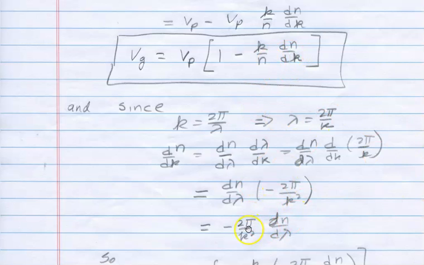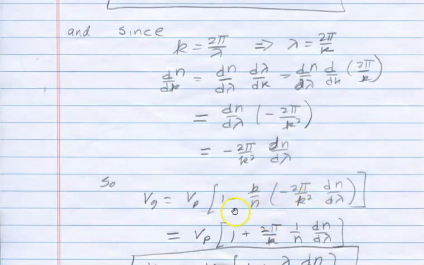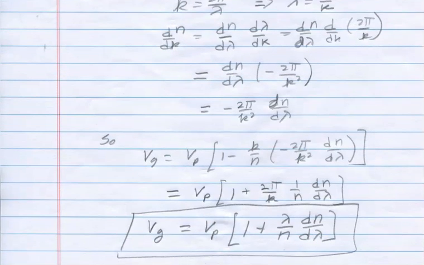So one of the k's cancels, minus minus is a plus. You have a 2 pi that comes out. You still have a k in the denominator, and then this overall factor of 1 over n, but now I've got n in terms of lambda. And then finally, just plug in what the k is.